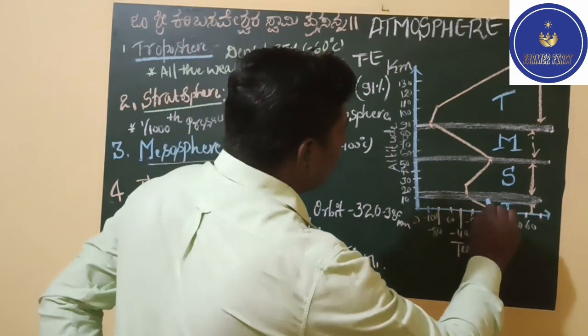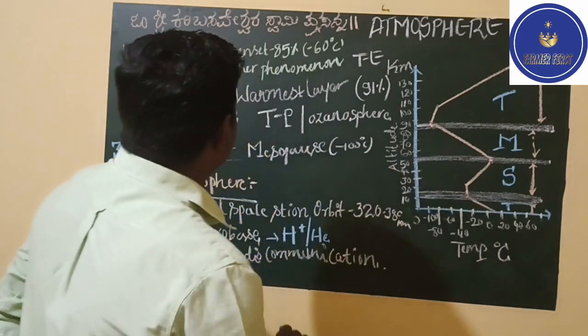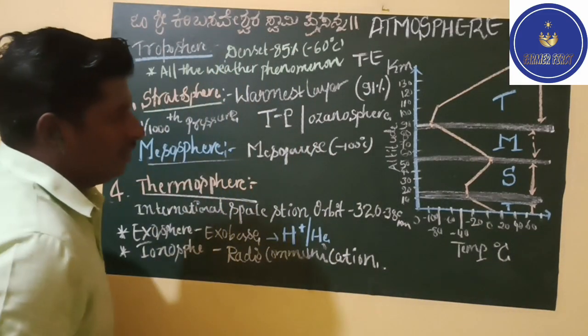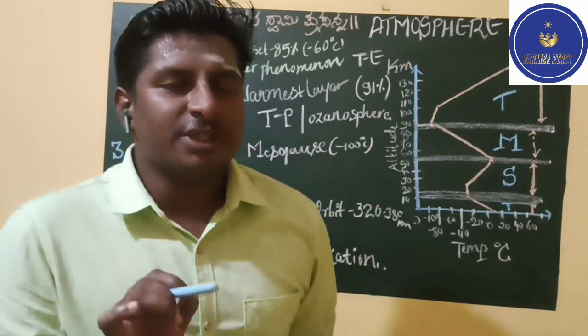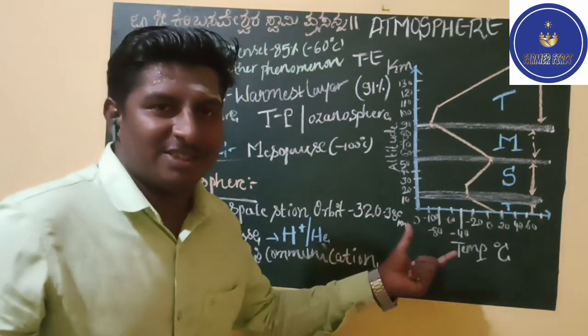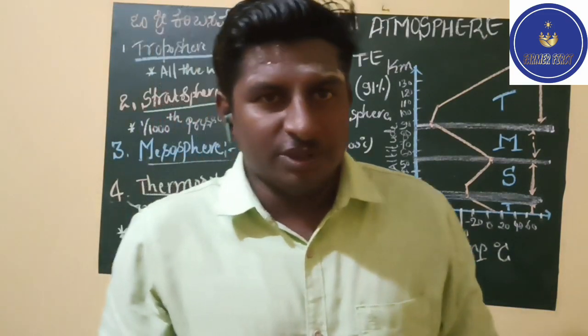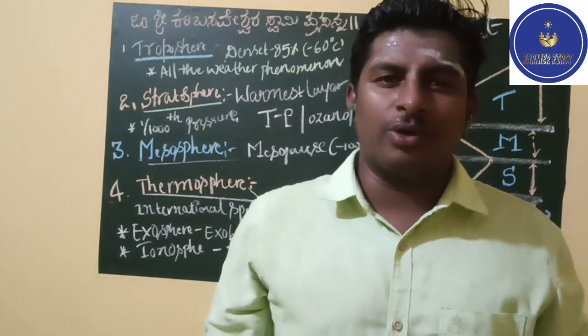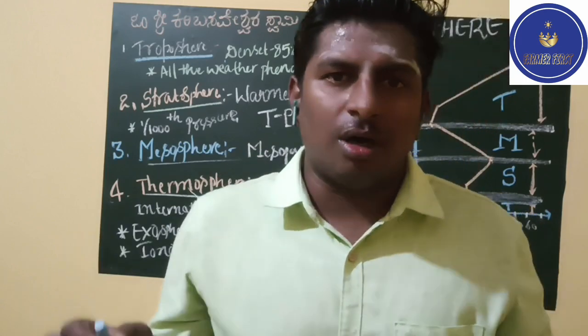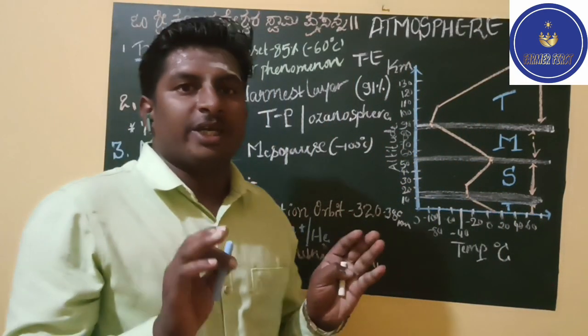This is the typical identification of this layer, and this is the densest layer, which means around 85% of the total density of the atmosphere lies in this layer, and most of the weather phenomena such as rain, snowfall and clouds will take place in the troposphere only.